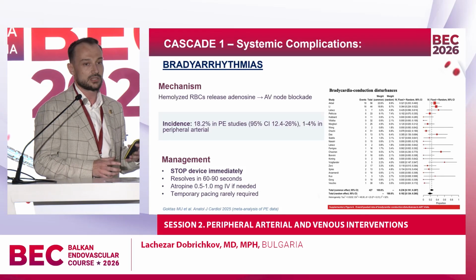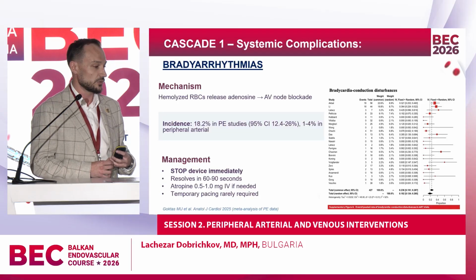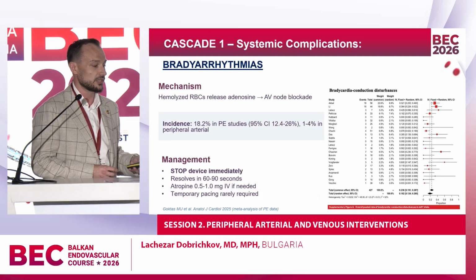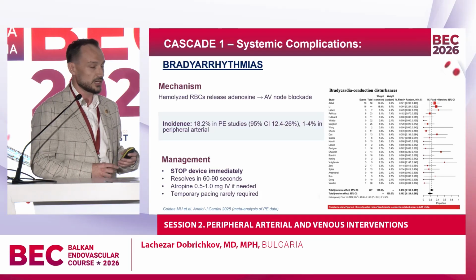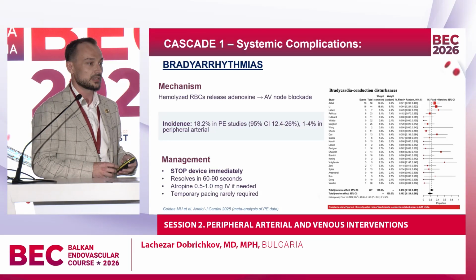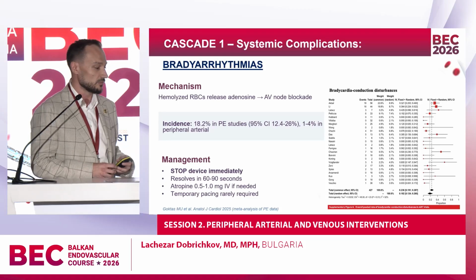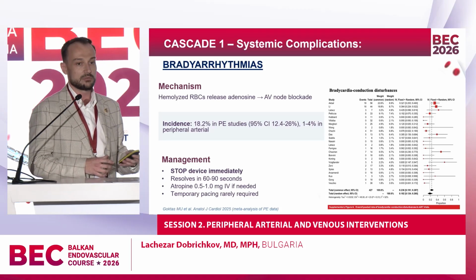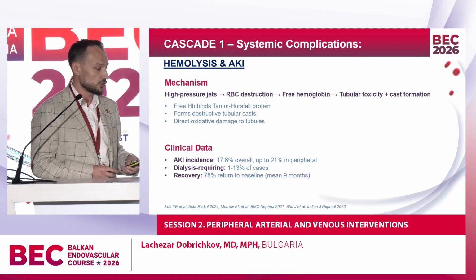Thankfully, it occurs quite rarely during arterial thrombectomy. The hemolyzed red blood cells release adenosine, which leads to AV block. If we observe a case of bradycardia, we should stop thrombectomy immediately, wait for at least 1 minute or more, and usually the problem resolves itself. If not, the patient should be medicated.